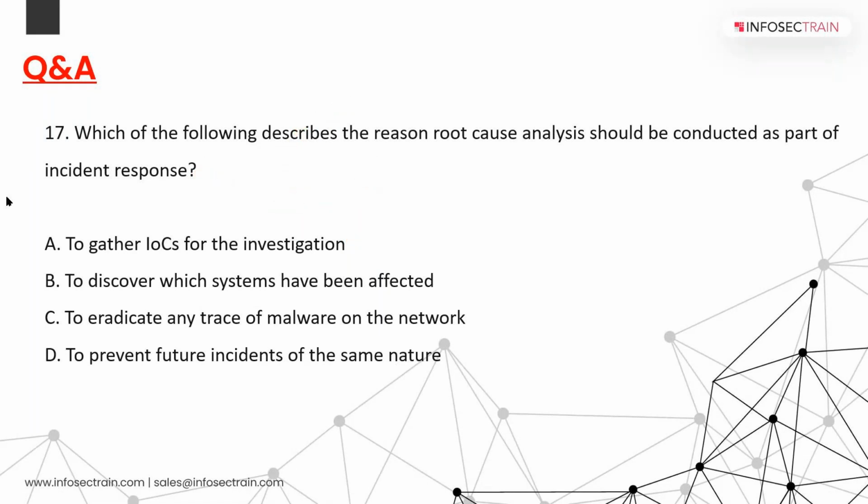So it says: which of the following describes the reason for root cause analysis for incident response? To gather indicators for the investigation, or to discover which system has been infected? No, not for this. To eradicate any traces of malware on the network? This is not it either. To prevent further incidents of the same nature? This looks like the most appropriate answer. So the correct answer is going to be D in this case.